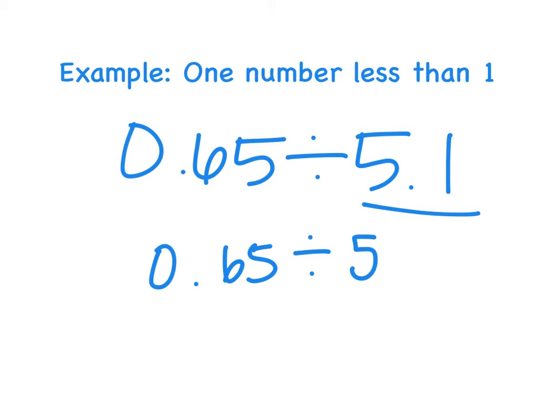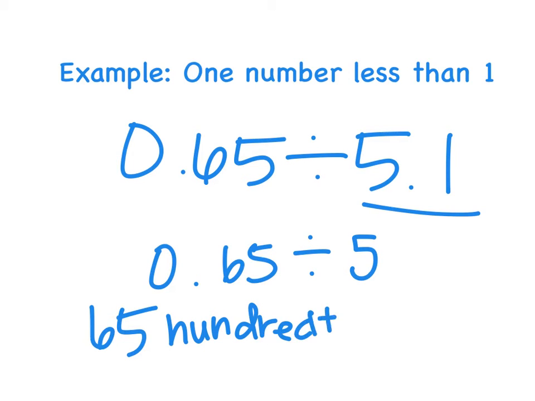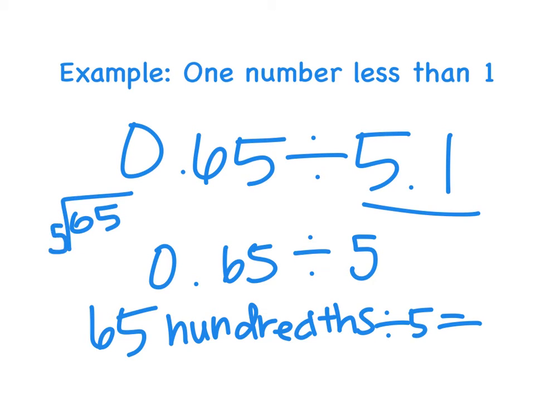And all I'm going to do now is think about this decimal as a label. So 65 hundredths is the same as 0.65. So 65 hundredths divided by 5, well, 65 divided by 5, 5 goes into 6 one time with 1 left over, and 5 goes into 15 3 times, which means that 5 goes into 65 13 times.